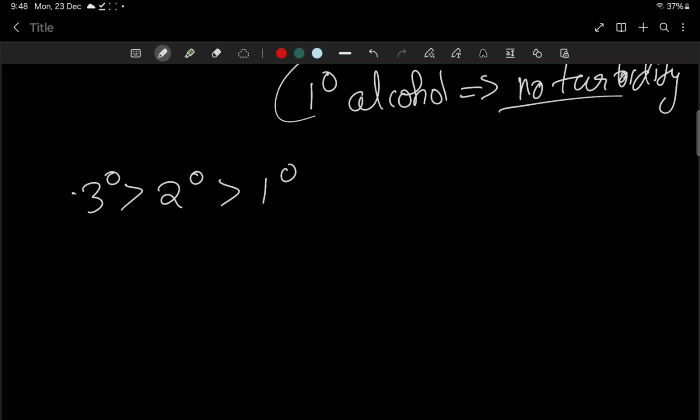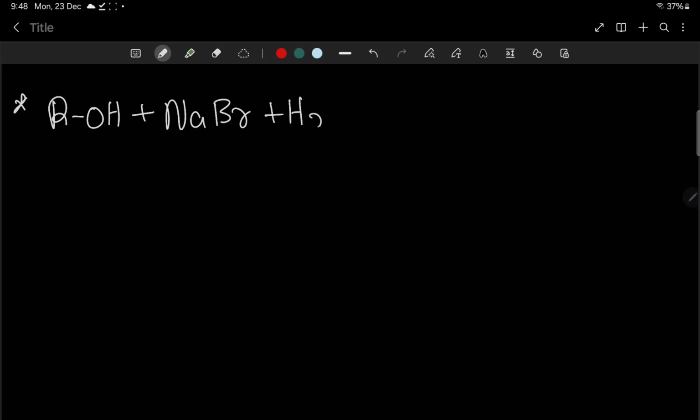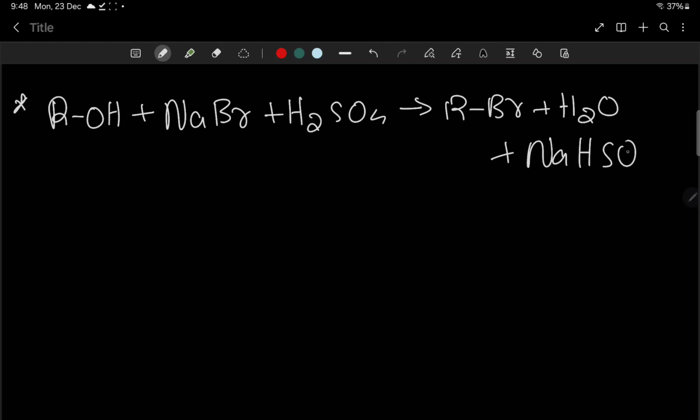Now I am giving some other reactions with alcohol itself, not HX and alcohol, but some other reactions. We don't have a specific name, but you can note ROH plus NaBr plus H2SO4 gives RBr plus H2O plus NaHSO4.